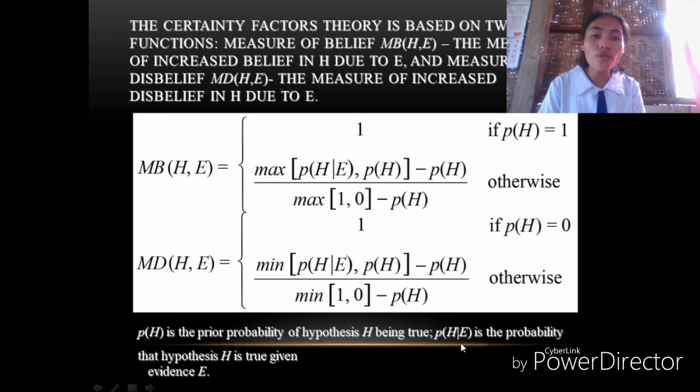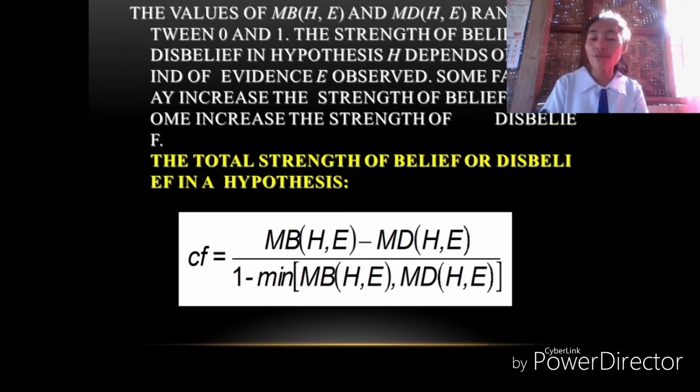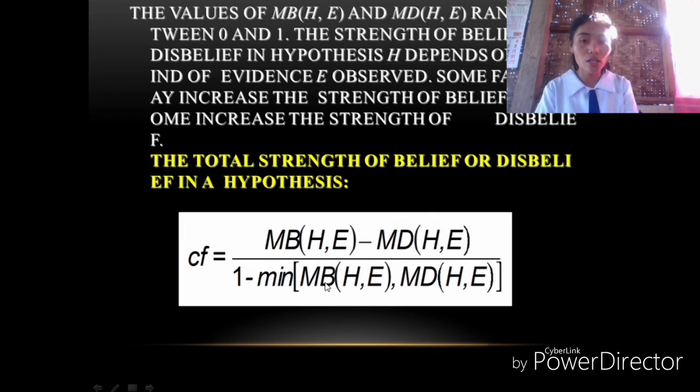P of H given E is the probability that hypothesis H is true given evidence E. The values of measure of belief and measure of disbelief range between 0 and 1. The strength of belief or disbelief in hypothesis H depends on the kind of evidence E observed. Some facts may increase the strength of belief, but some increase the strength of disbelief. The total strength of belief in a hypothesis is, mao ni siyang formula, certainty factor.